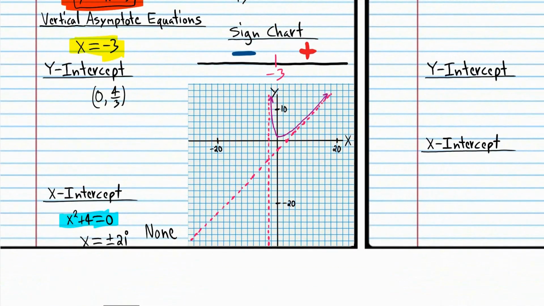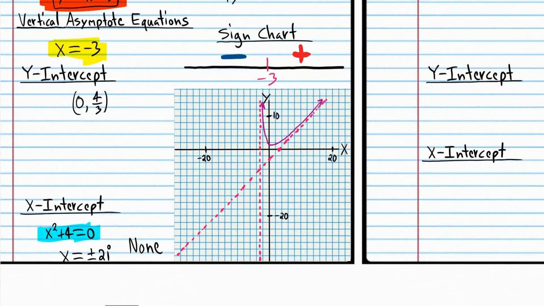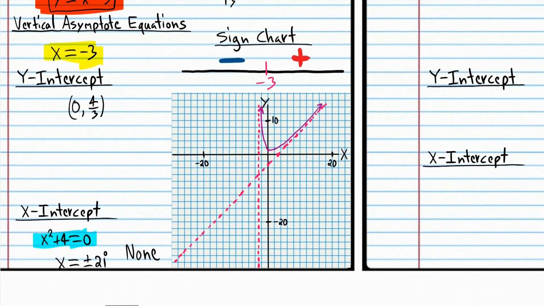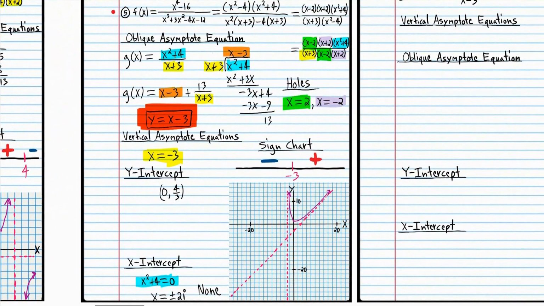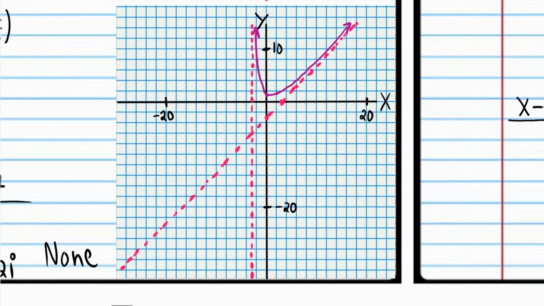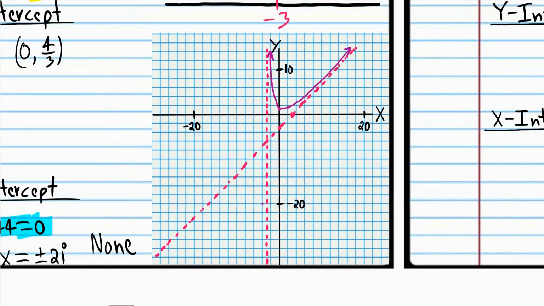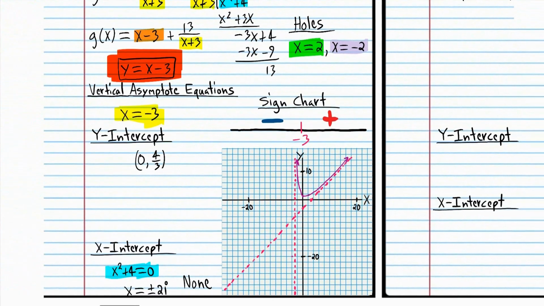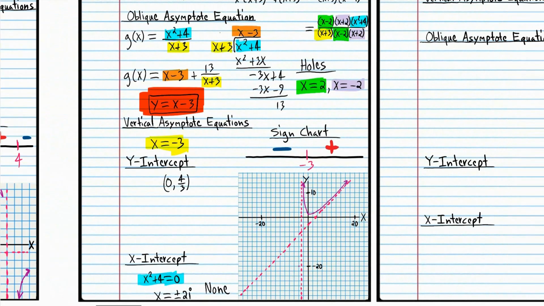So now we need to plug in -4. So plug in -4 and we get -20. So that's going to be down there. Now let's try plugging in -6. If we do that, we get 40 over -3.